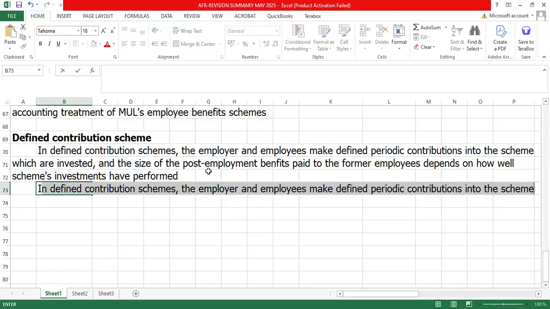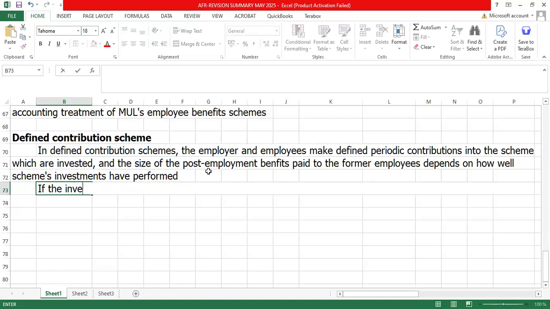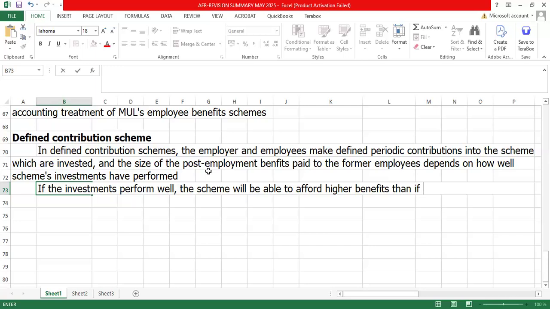Then we can also write and say if the investments perform well, the scheme will be able to afford higher benefits than if they don't perform well. Because here you're explaining to someone who doesn't know what a defined contribution scheme is, so you try to at least bring in different things.